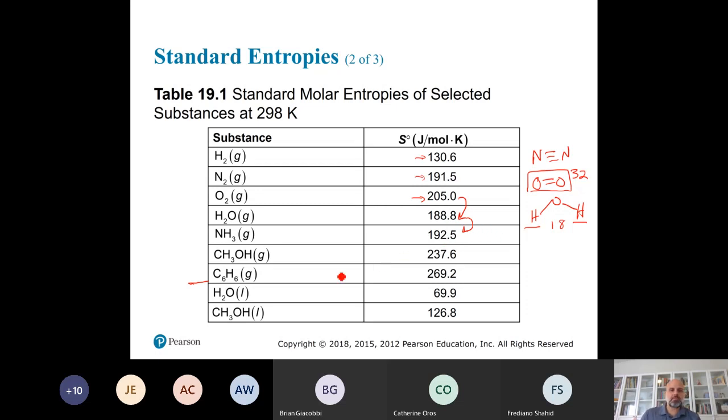Then if we compare the last two, water as a liquid compared to water as a gas, you can see there's a huge difference: 69 versus 188. So a large difference in entropy of a gas versus a liquid. The same thing for methanol, CH3OH: a big difference in entropy in the gas state versus the liquid state.